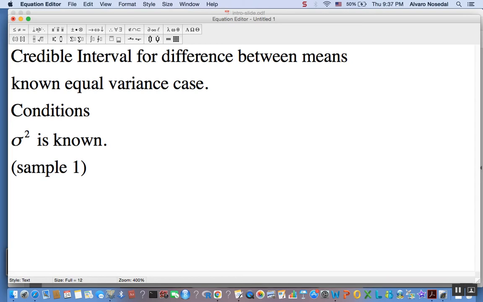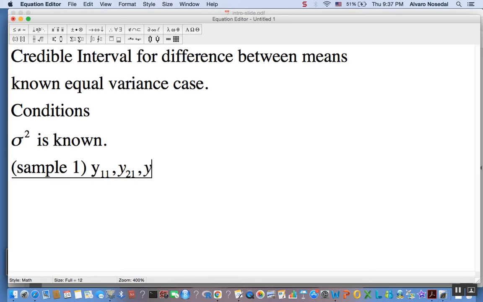or another way of thinking about it is that we have a likelihood, right? That looks like this. We're going to have a sample of size n1, so let me use a double subscript here because we are going to have two samples. So that's the first observation from the first sample, and then I have a second observation from the first sample.